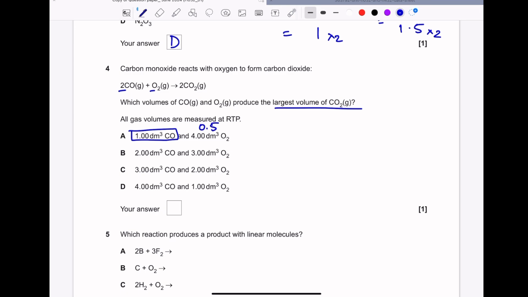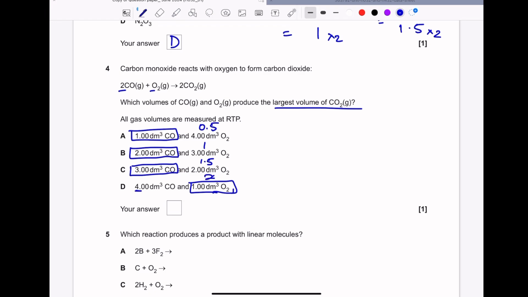The next one looks to be carbon monoxide is limiting as well, because the minimum required for oxygen would have been half of this, which is 1. Next option, similar story. It is carbon monoxide that's limiting, because the minimum required for oxygen would be 1.5, but we've got a lot more. In option D, it looks like the limiting reagent is oxygen this time around, because the minimum we needed to react with 4 should have been 2.